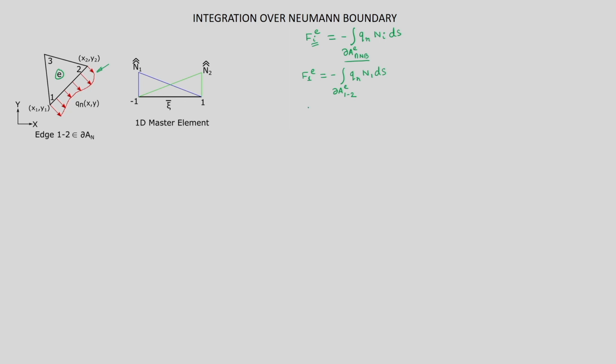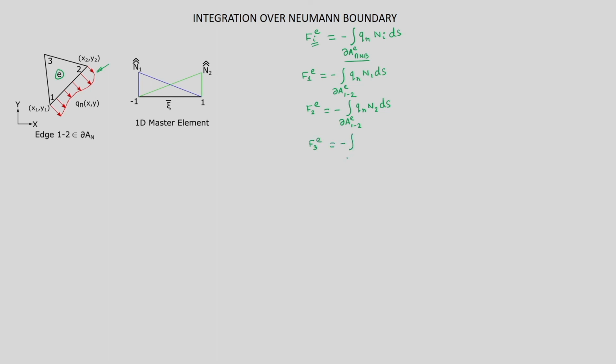Then what about the second entry? F2E is equal to minus, similarly, the integral over ∂AE along 1 2 of Qn times N2 ds. Only three shape functions are non-zero here, so we will have three entries.